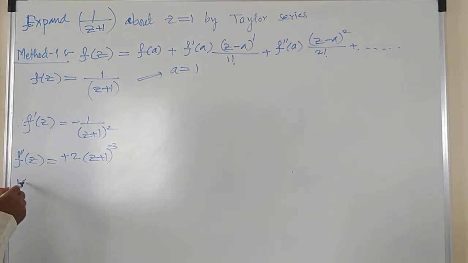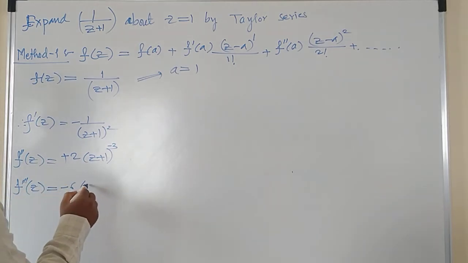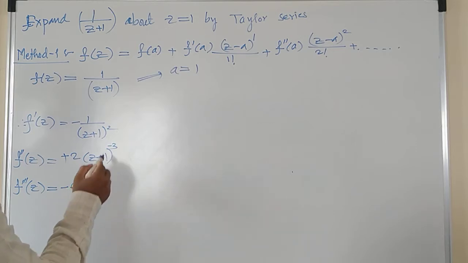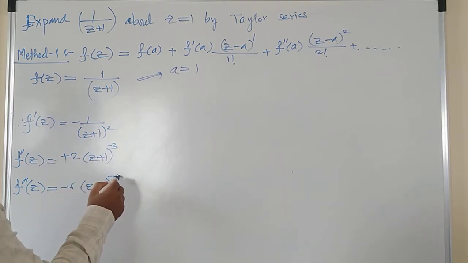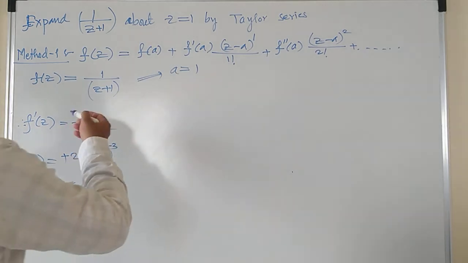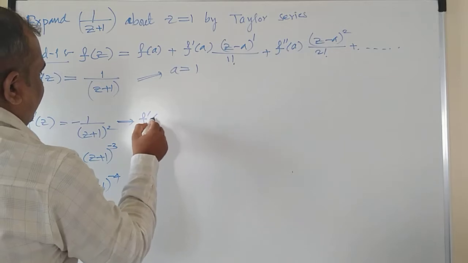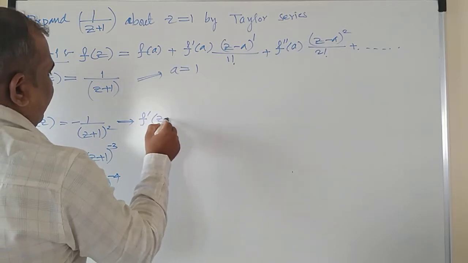F triple dash of z is equals to 2 threes are 6, minus 6 times z plus 1 raised to power minus 4 into differentiation of this, which is 1.